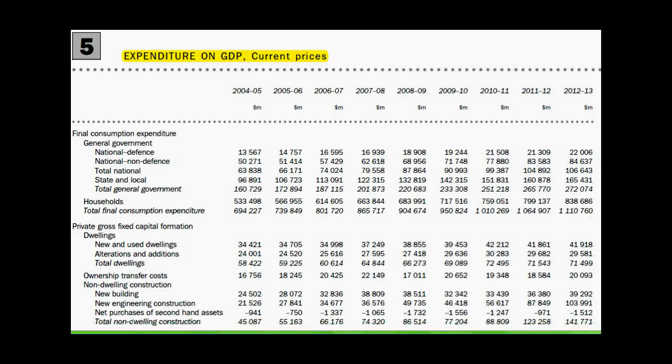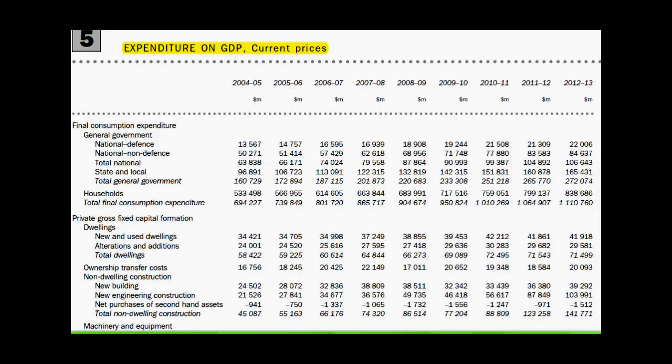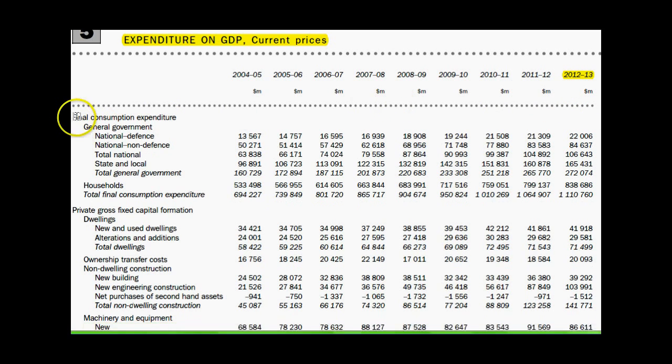So we're taking the total amount of expenditure in the economy on final goods and services produced. So let's look at 2012, 2013. We've got our categories here. There's final consumption expenditure, which is made up of government expenditure and household expenditure.